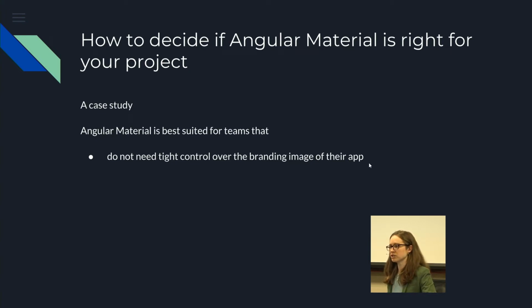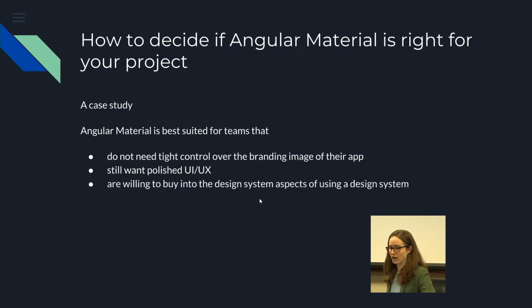And of course, with Angular Material you can customize your colors, so you can still use your company's colors or incorporate a little bit of customization. And if you still want a polished UI and UX, so you're not just saying, well, I guess the app's going to look terrible because we don't have designers to work on this.